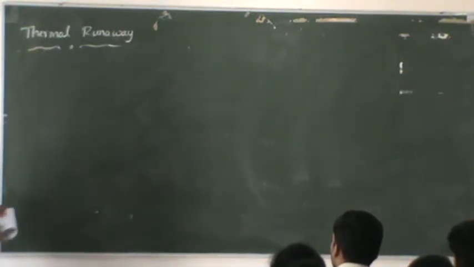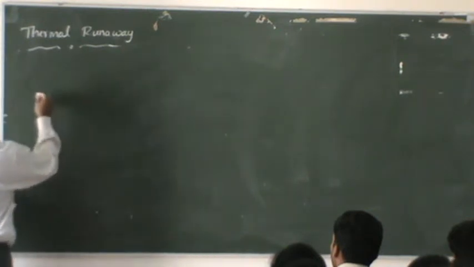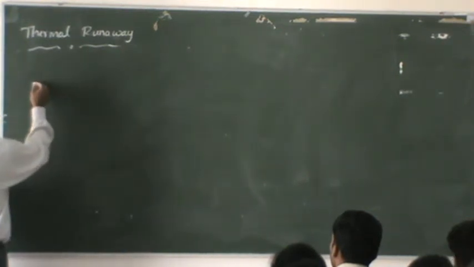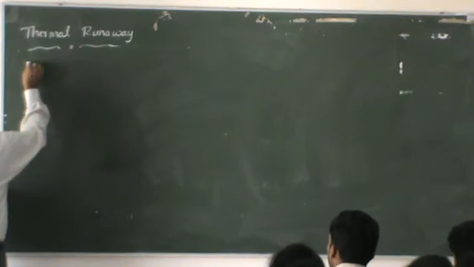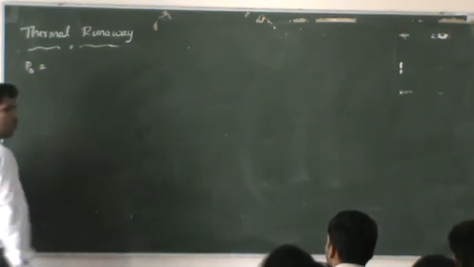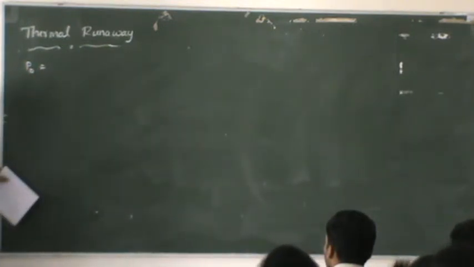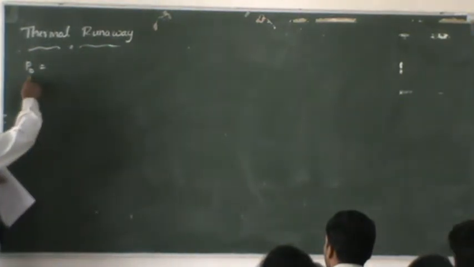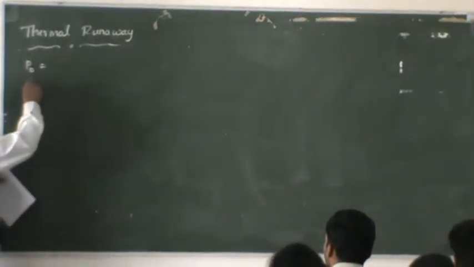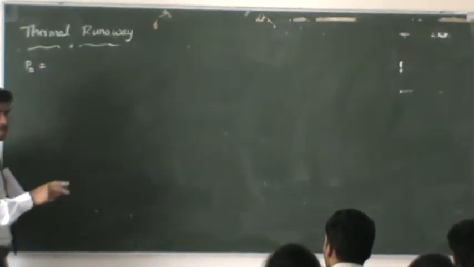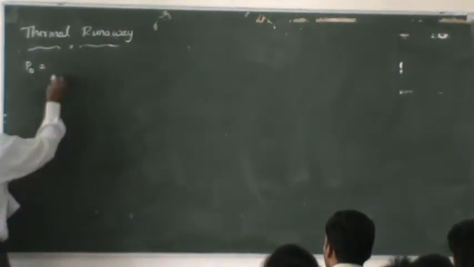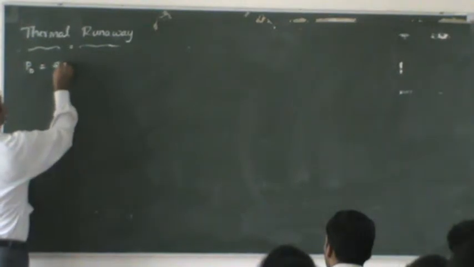Let's look at a few factors here from the syllabus point of view. Some notations I will be using, so that you can expand by studying the textbook. PD is the power dissipation in a transistor, and it depends upon various factors. First of all, it depends upon the size of a transistor.